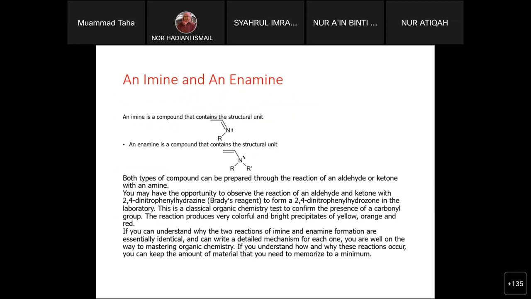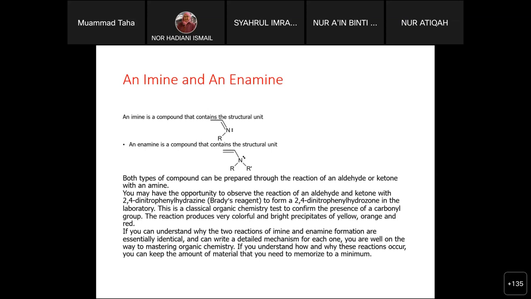An imine is a compound that contains a structural unit like this: a nitrogen-carbon double bond. An enamine is a compound that contains a structural unit with a carbon-carbon double bond attached to the amine nitrogen. So always remember that an imine is formed when the amine is primary. For an enamine to form, it needs to be a secondary amine.